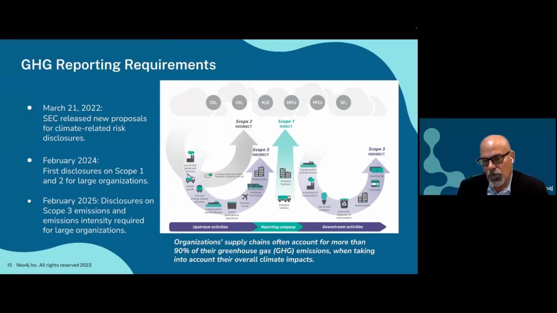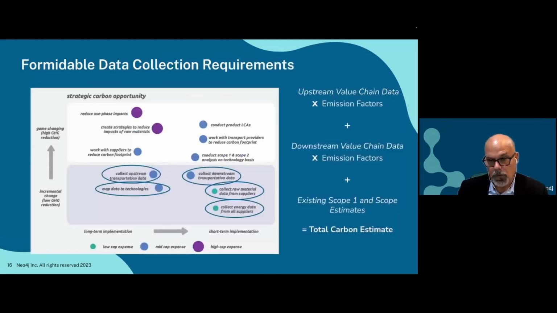What's quite interesting about the Scope 3 requirements is that you need an understanding of all of the emissions associated with your upstream and downstream supply chain and distribution. For most organizations, 90% of their emissions come from their supply chains. The data collection associated with this is quite formidable.